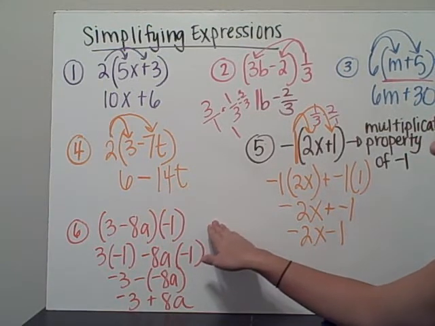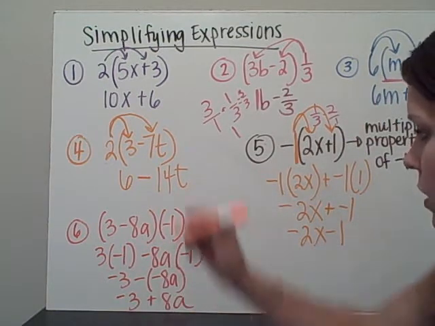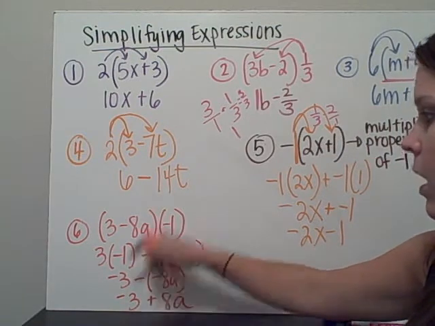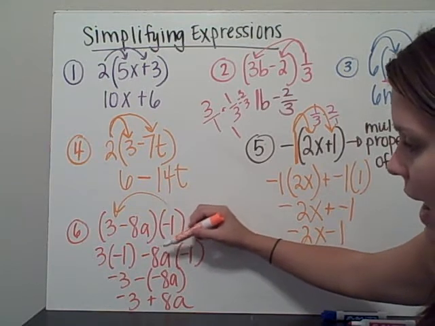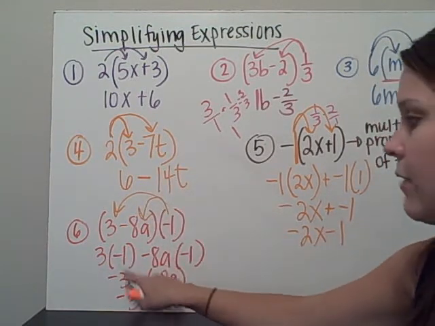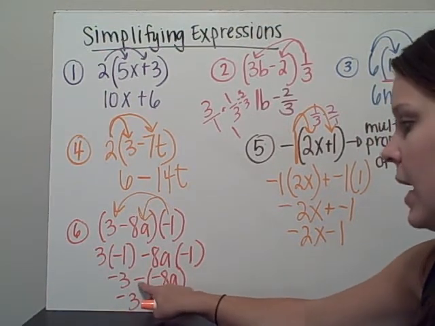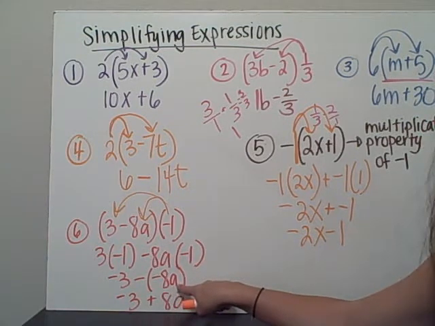And our third one, this is also the multiplication property of -1. We have 3 times -1. And then we have minus 8a times a -1. So now we have 3 times a -1 is a -3 minus 8a times a -1, which is a -8a.